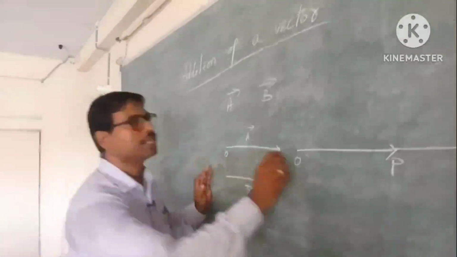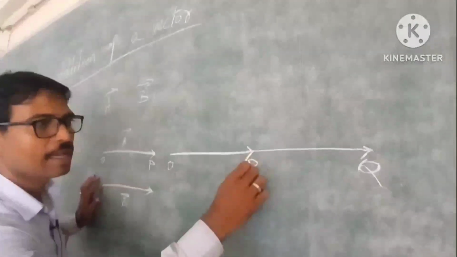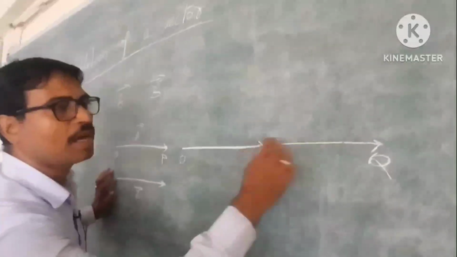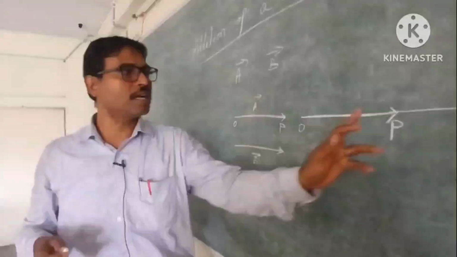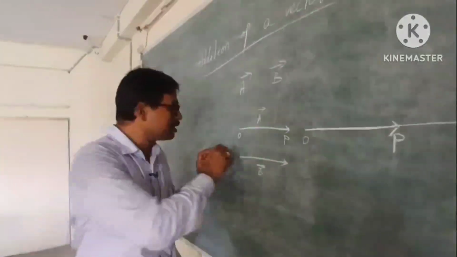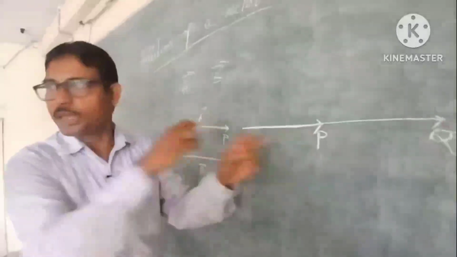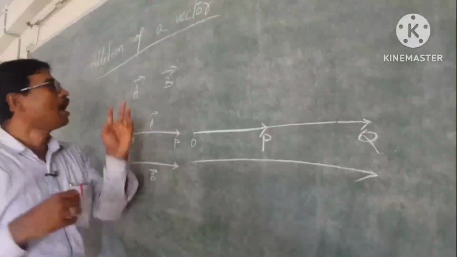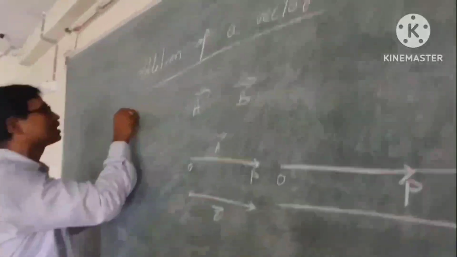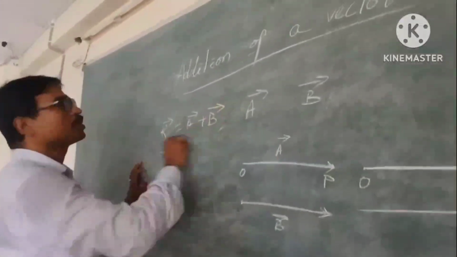When you see this, the head of the first vector A coincides with the tail of vector B. If they coincide, then this is the resultant, the third vector. After adding, suppose the resultant R is equal to A plus B. This is the process of addition.